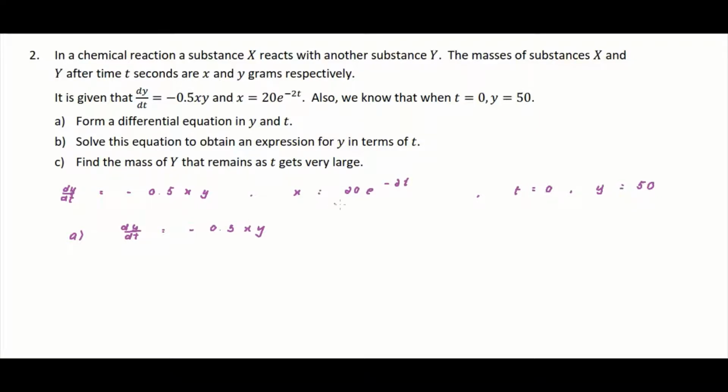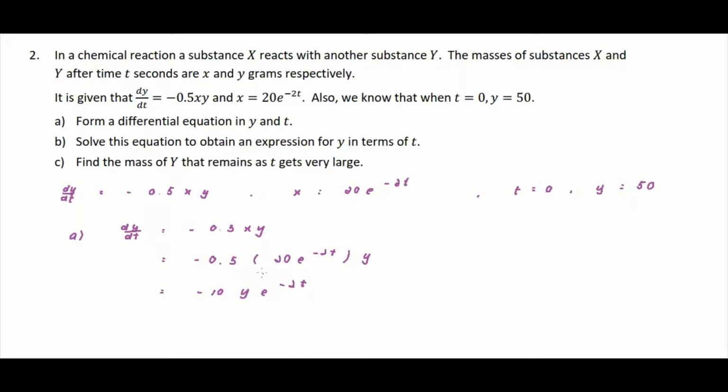From the question, we know that x equals 20e^(-2t), so we substitute that expression: negative 0.5 multiplied by 20e^(-2t) multiplied by y. Simplify it and you will get negative 10ye^(-2t). That will be your answer for A.